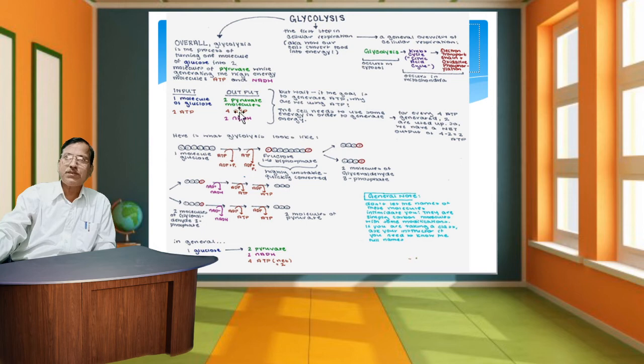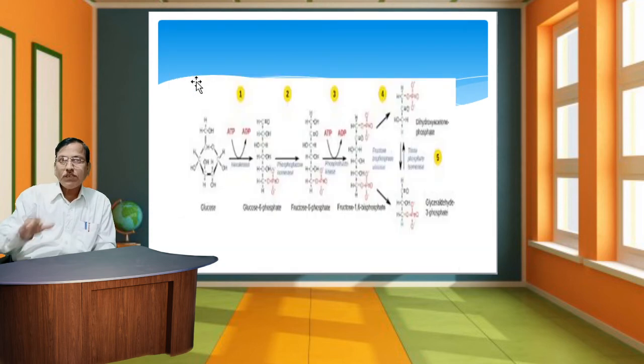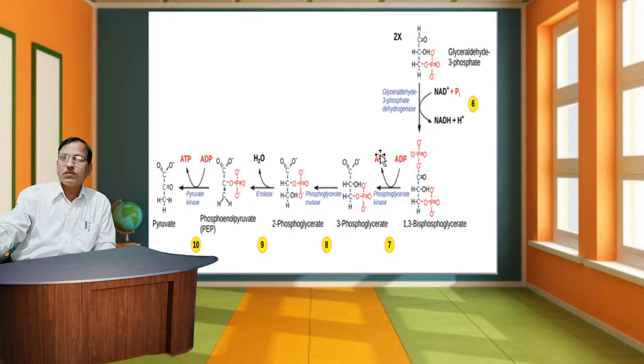All the steps explain the process from glucose to the final end product, pyruvate. These 10 steps were also explained in the two charts.